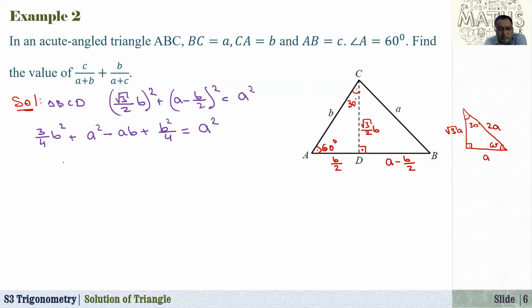So what do we have here? Here we have B squared minus AB is equal to 0, which means that A must be equal to B. That's our first observation. If we didn't make... AB is equal to C. It's not A, this one is C. Gosh.